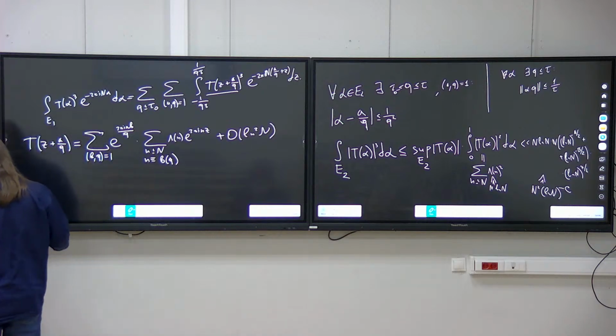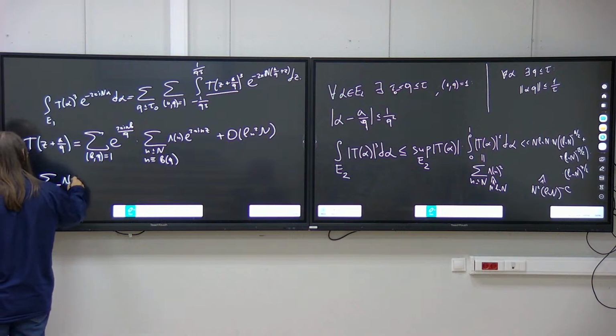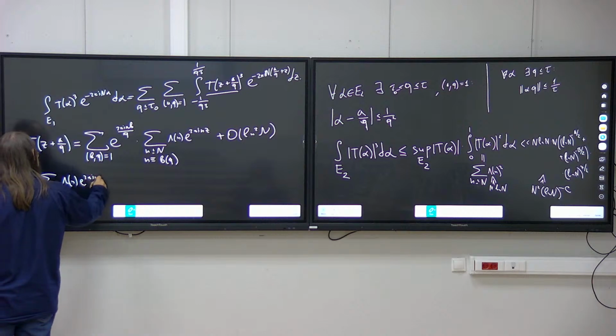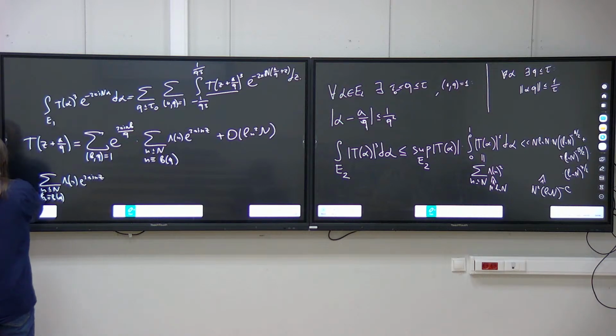Okay, so now the sum over all n less than or equal to N, n congruent to b modulo q, of lambda of n e to the power 2 pi i n z is equal to what?